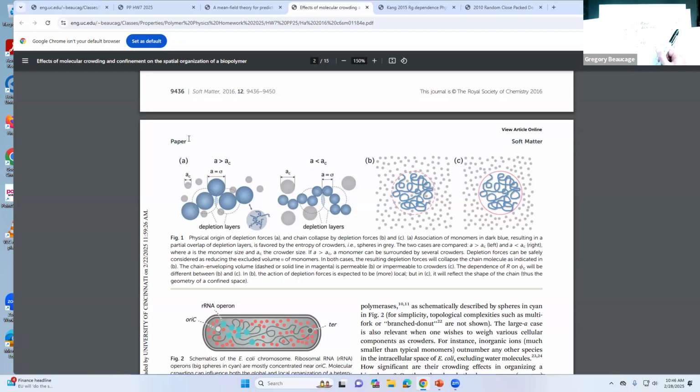So what's the difference between those two? Kong shows that here. There's a difference in philosophy. The colloid particles can come into the coil, and then they act on a monomer. They're not acting on the coil as a whole, they're acting on the monomer.